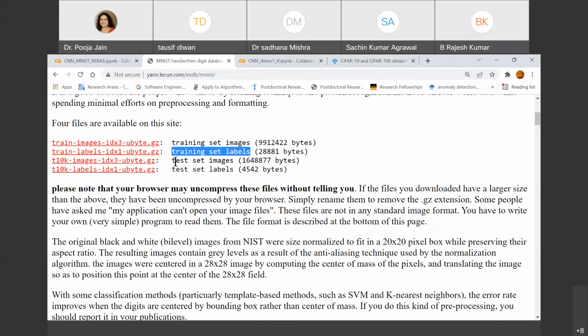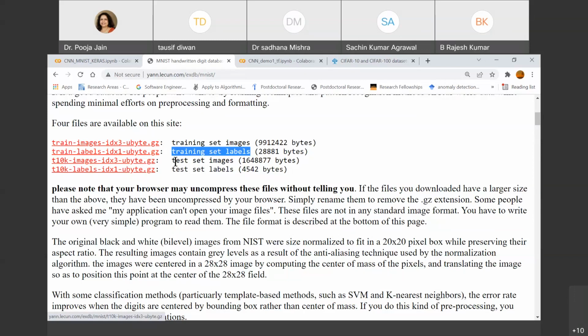The 10,000 images are there. The size of one image is the same in both, and the distribution is coming from the same distribution. So this was all about the MNIST dataset.